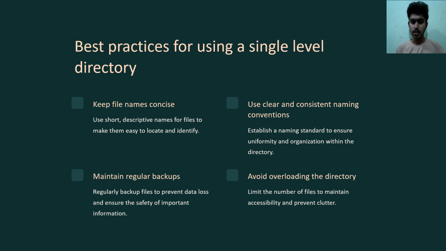Third, use clear and consistent naming conventions. Establish a naming standard to ensure uniformity and organization within the directory. And last, avoid overloading the directory. Limit the number of files to maintain accessibility and prevent clutter.